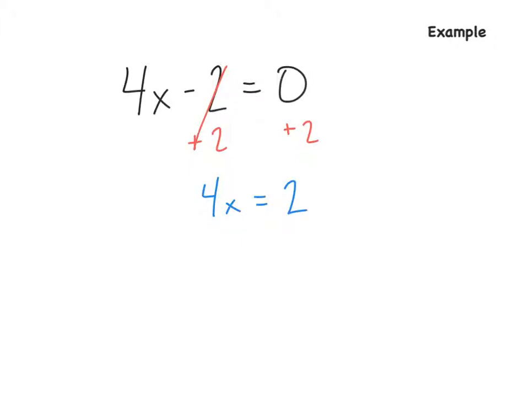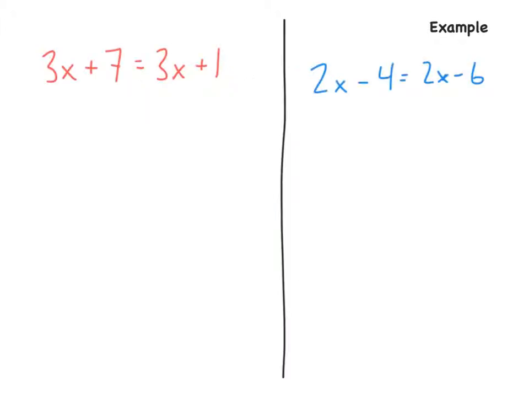Now we have 4 times x is equal to 2. The opposite of multiplication is division. So divide by 4, divide by 4. So x is equal to 2/4. If we simplify this, remember you must simplify, x is equal to 1/2. Now this final answer means that on a graph, if we graph this line, the x-intercept is going to be at 1/2.